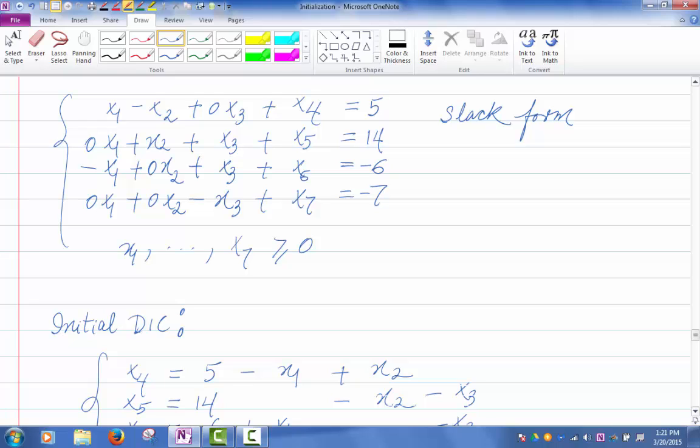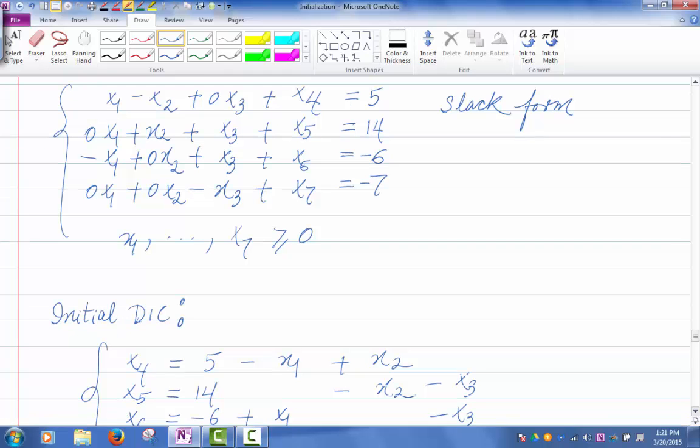Once I have the slack form, I'm going to be solving for the slack variables, and if I do that, I am going to get the initial dictionary, and the initial dictionary will be infeasible, right?